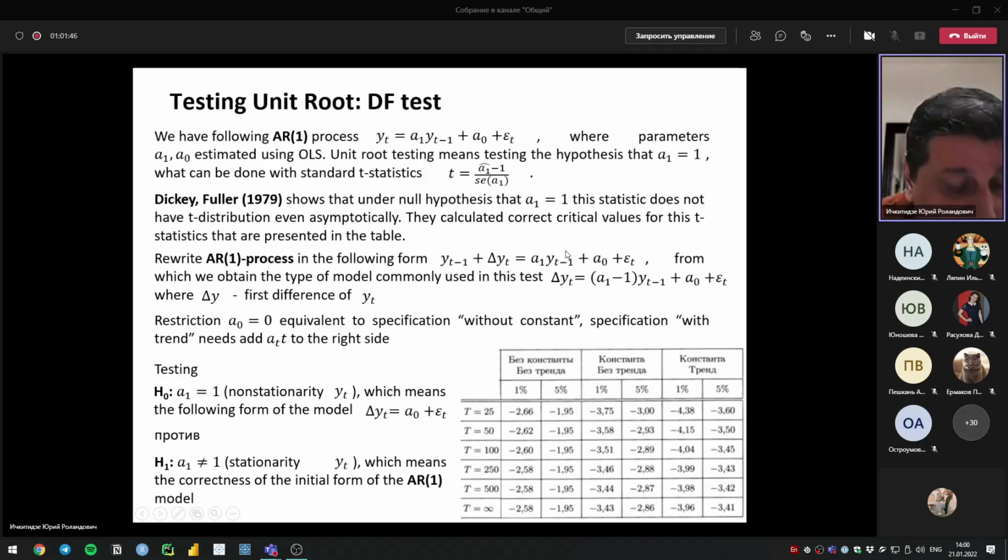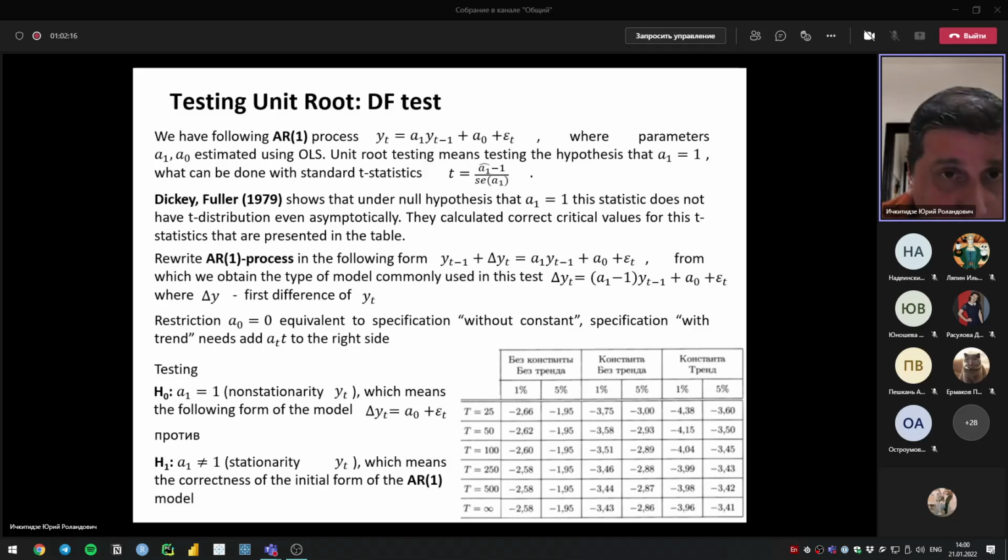For testing non-stationarity, the most well-known test is the Dickey-Fuller test, the DF test. How is it built? We have a first-order autoregressive model: yt is A1 multiplied by yt minus 1 plus A0 plus error.